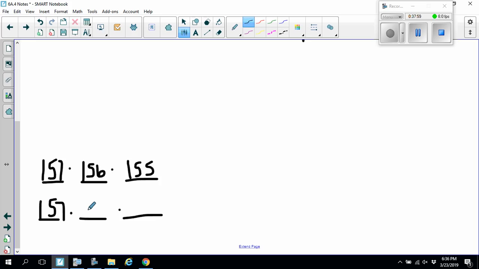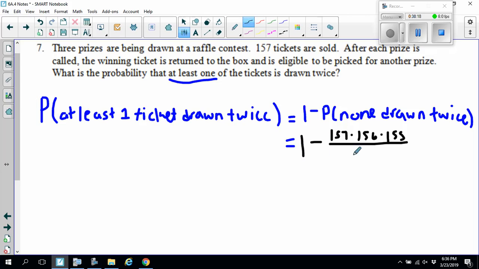For the second one, we can count the 1 ticket again, or we don't have to. So we still really have 157 options. And for the third, that could be the same thing. So these 2 could be the same ticket if they want to. So we still, once again, have 157 options. So to rewrite that, we're going to have 157 to the 3rd power.